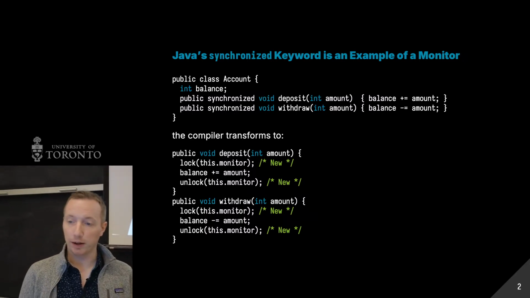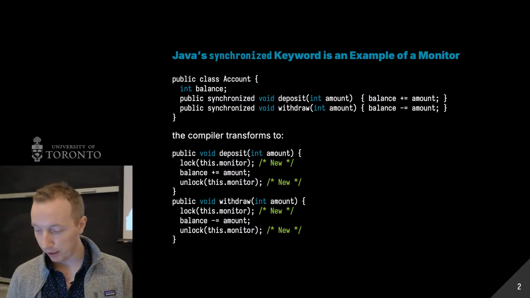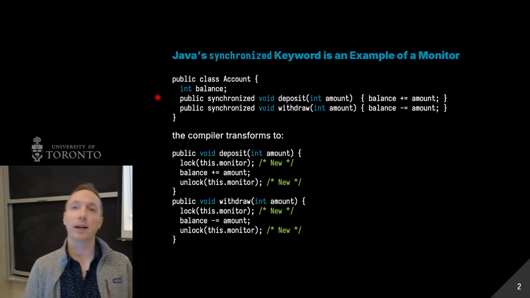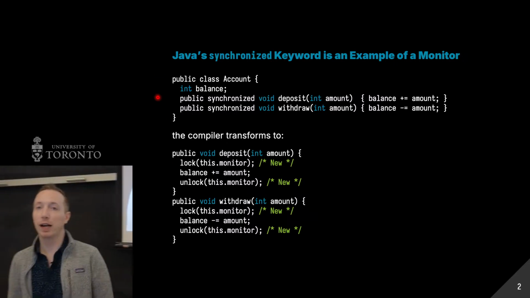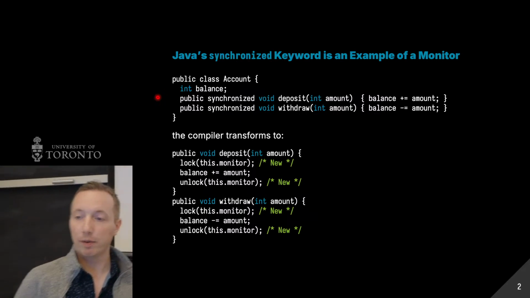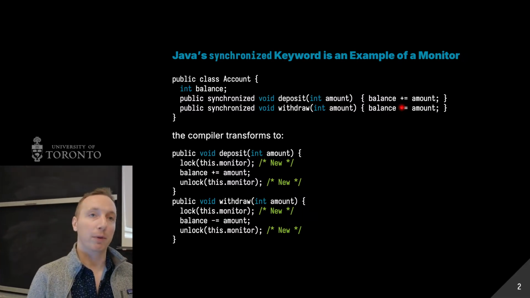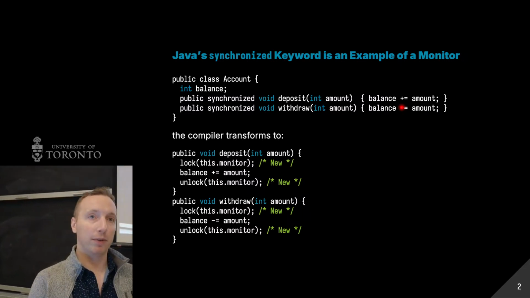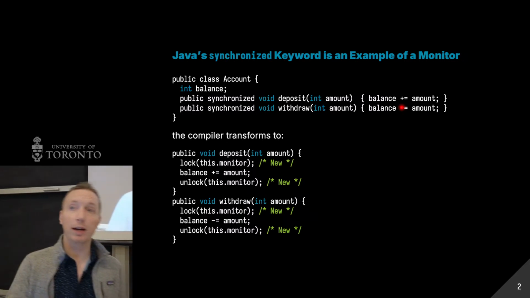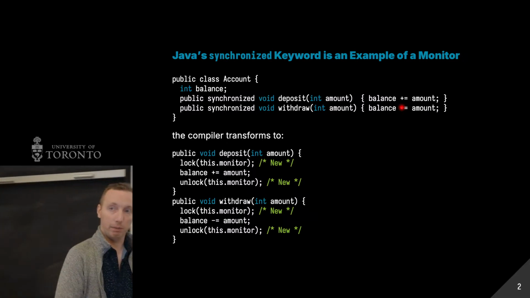So in Java, let's say we wanted to create a class that represents a bank account. Each account has its own balance. And maybe we have methods for deposit and withdraw, that would be like balance plus equals some amount. That might have a data race in it if we don't protect it with a mutex.